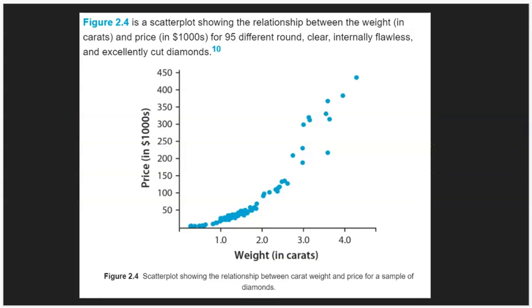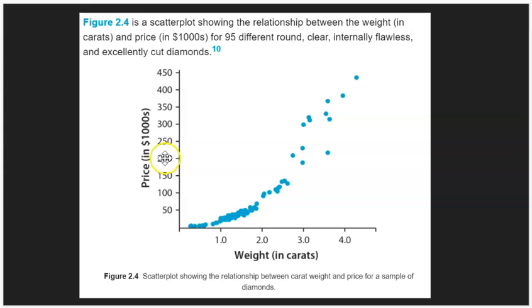Here's our first example of a scatter plot, a very basic looking thing. You can see it's a scatter plot because instead of a line or any sort of shape like you would see in algebra, geometry, or pre-calc, you actually just see a bunch of dots. What I want to highlight here is that this is a scatter plot showing the relationship between the weight in carats and price in thousands for 95 different diamonds.